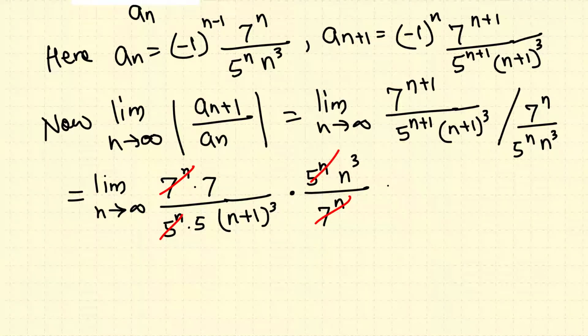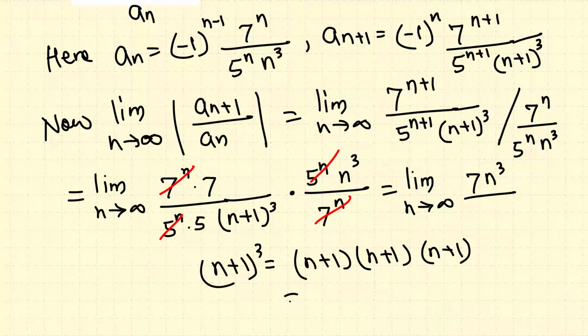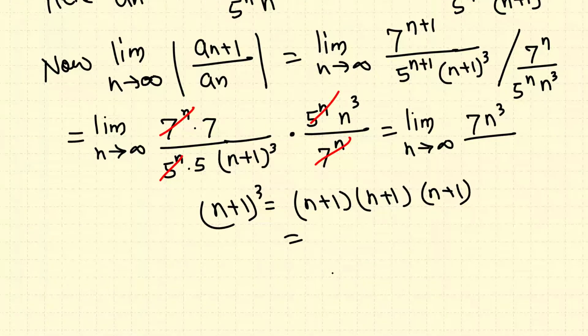So we are left with the limit as n approaches infinity of 7 n cubed on the top, and on the bottom 5 times n plus 1 cubed. Let me multiply out. I don't have to write everything, because n plus 1 cubed is n plus 1 multiplied 3 times, and we know the very first term, because when we multiply this will be n cubed plus something else, 3n squared, but I don't have to know.